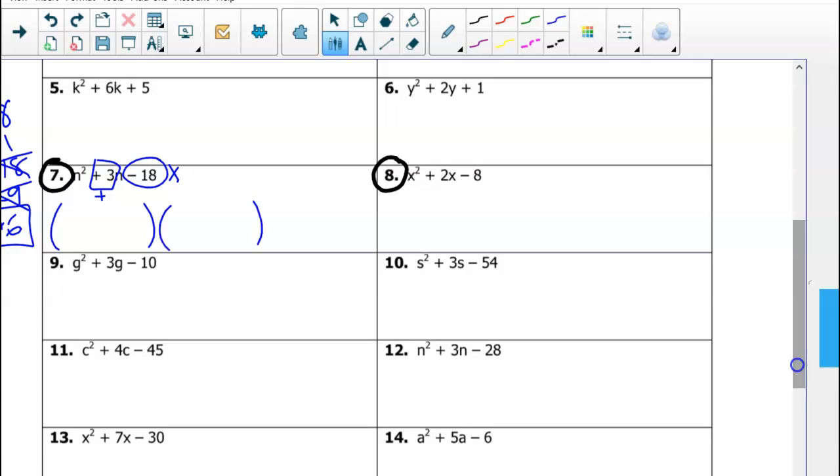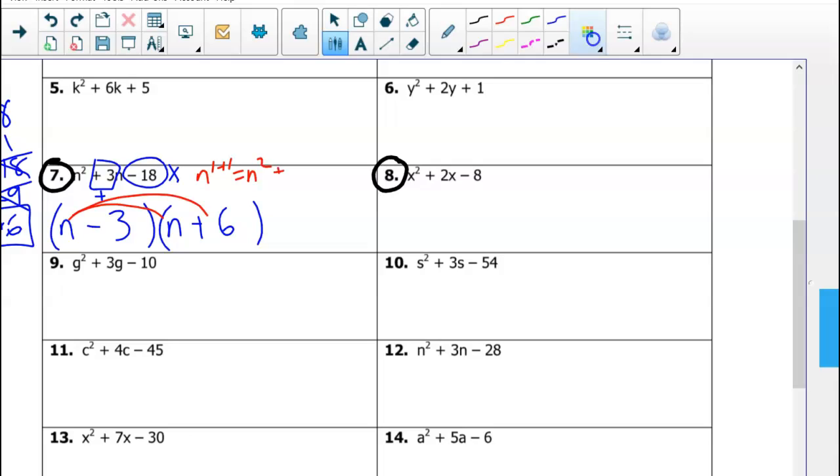So my factors here, I'd have n in both, and then because my 3 is negative, that is now going to be a minus 3 and a plus 6. Just to show you that this one worked, and I would definitely recommend doing this anytime you end up with a negative factor. N times n is n squared.